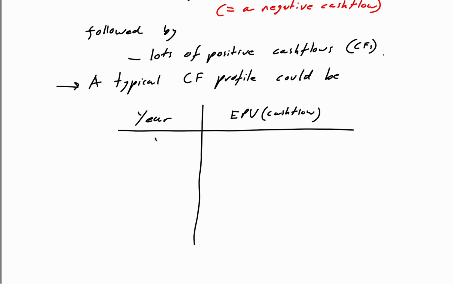And in this example, to begin with, we're going to have a cash flow that's negative, so that's our new business strain. And then in subsequent years, we're going to get 150 back in each of the years. We'll just go up to year 5.